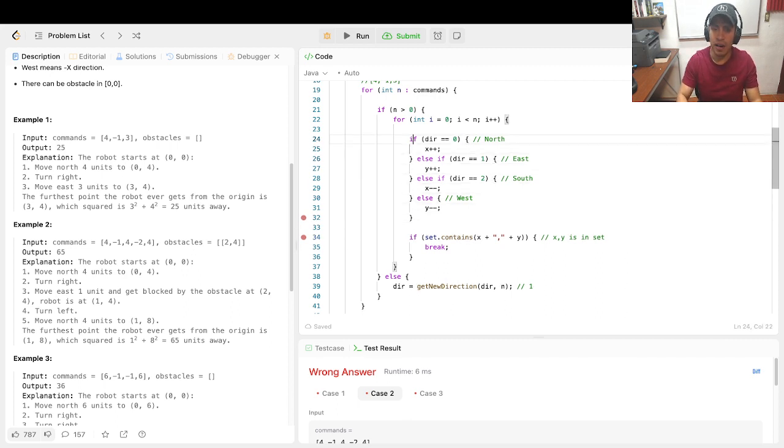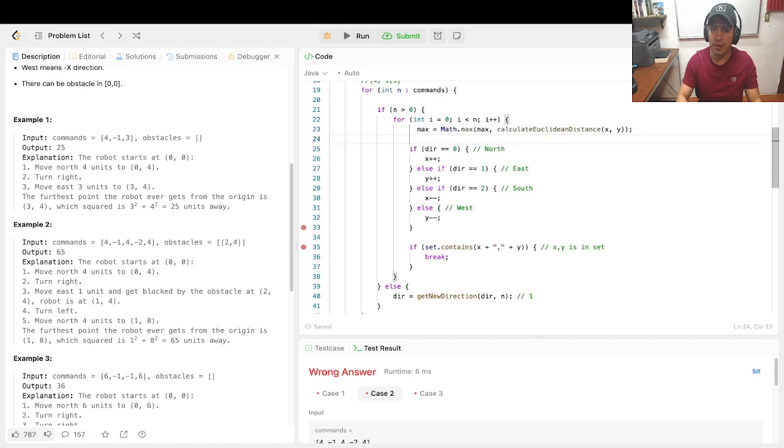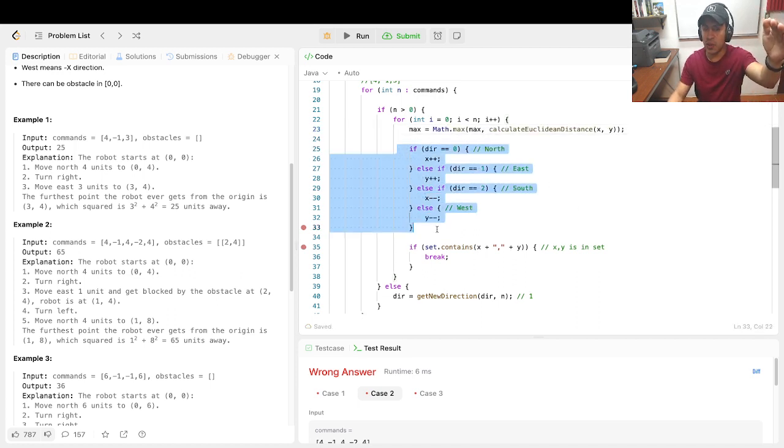Because if we have an obstacle and we execute this code, basically you reach this obstacle. Yeah. Okay, thank you, names. And yeah, I think that it's before this increase.